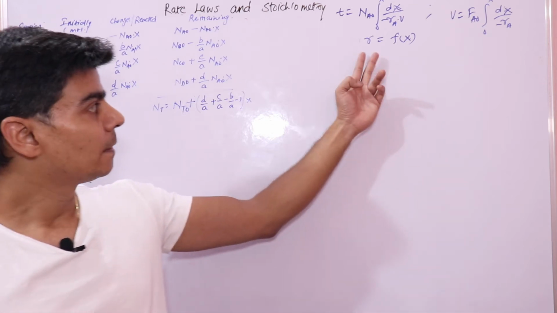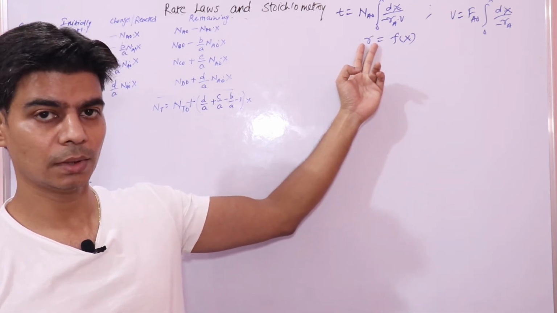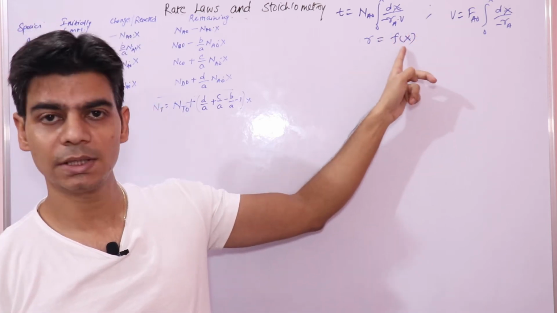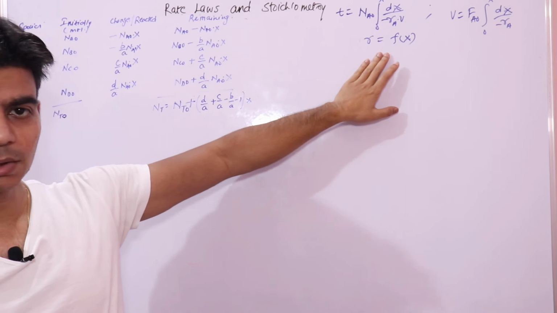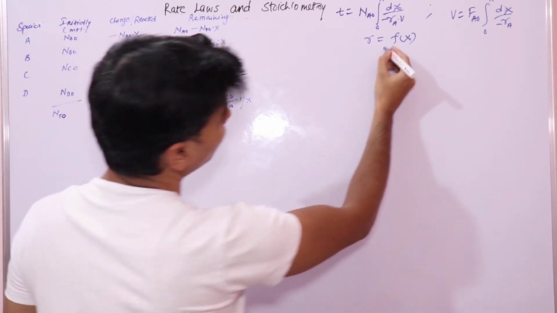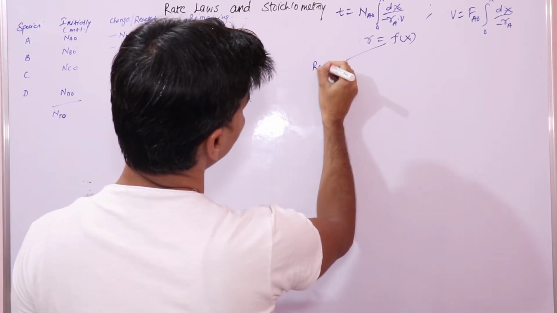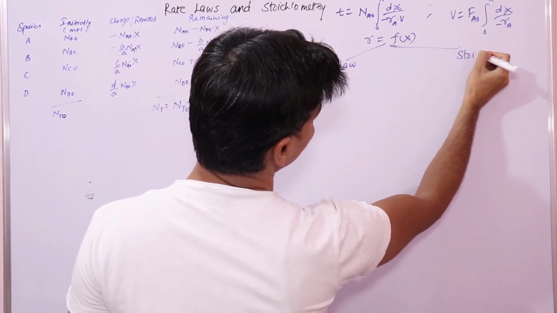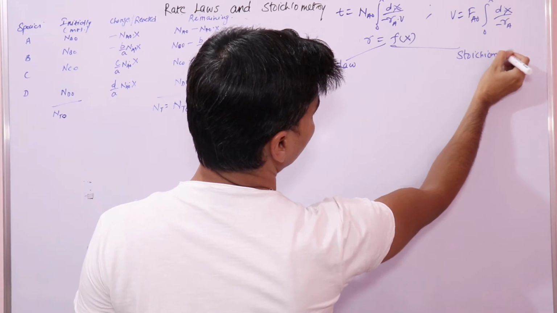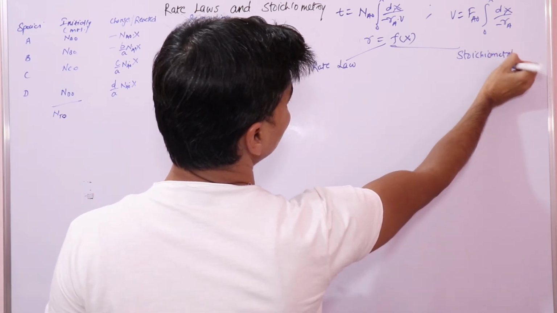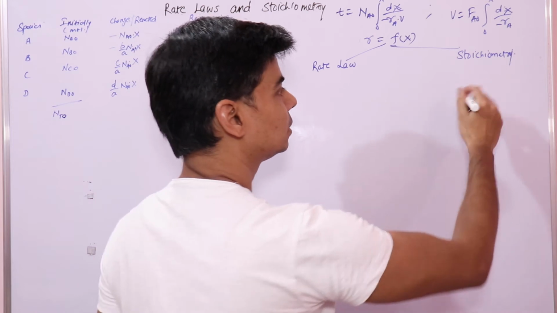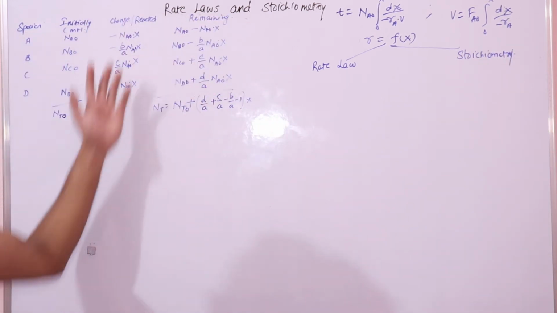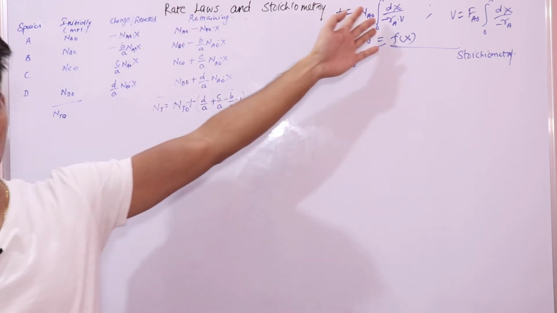What it means is we have to derive rate of reaction in terms of conversion X. And we will do this using our rate law equation, and second is stoichiometry. Using the stoichiometric table we'll build, and using all these calculations we'll evaluate these equations.